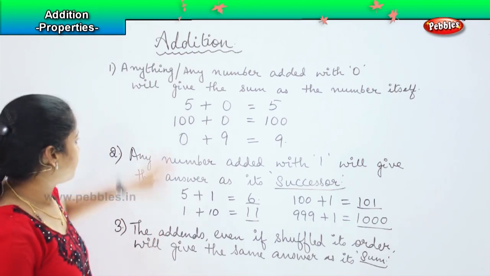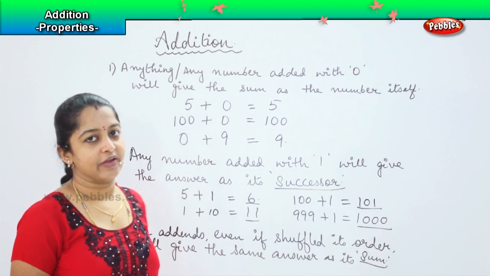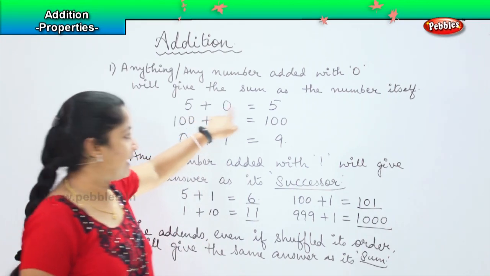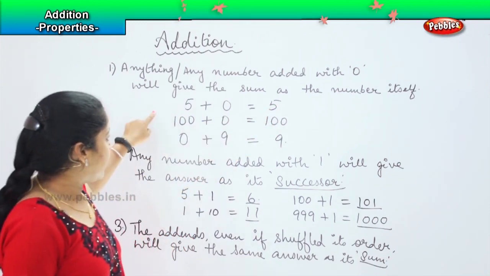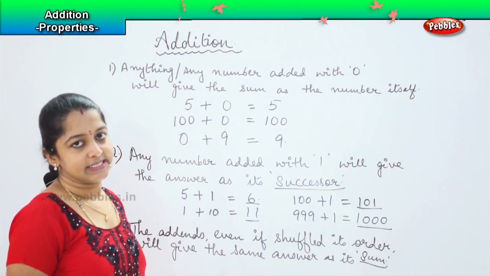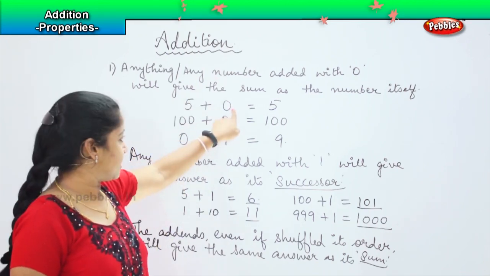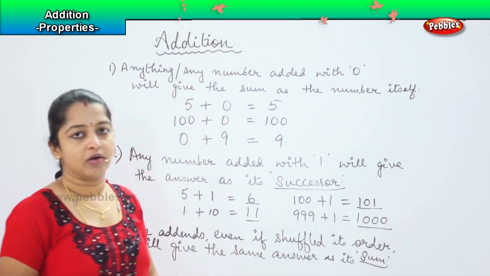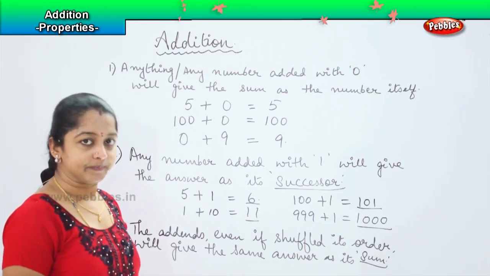It means that, coming to the previous example, 5 plus 0 I said is 5. Whereas we know that 5 is one addend, 0 is another addend, and the answer is the sum. Now, in addition, if I shuffle the places, if I interchange the places, say my first addend comes to the second place, my second addend comes to the first place, the answer will not get affected, it will remain the same.